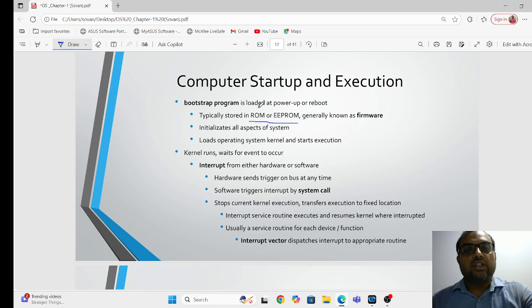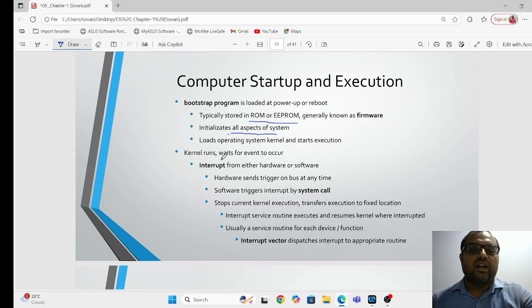That's why all the programs of the operating system are loaded first into the ROM. When the computer starts, the operating system is loaded from the ROM into the main memory. In the main memory the operating system is executed or booted up, all aspects are initialized, the operating system is loaded, and then the kernel starts.